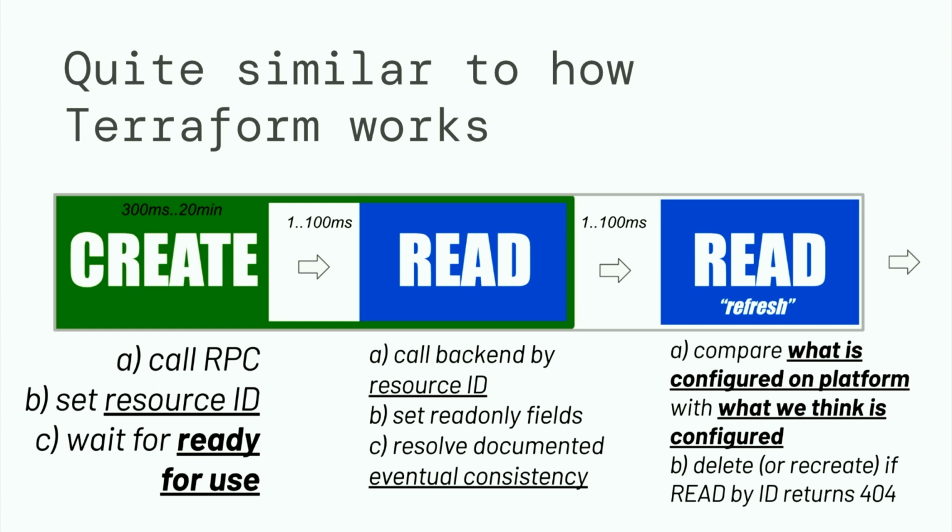Then we compare the data coming in from the first read and the second read. If the first read and second read data do not match, we have to wait for a bit for these things to match together. And if that operation times out, we kill the application because the platform is in an inconsistent state.